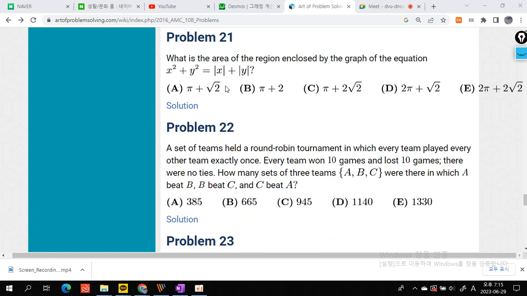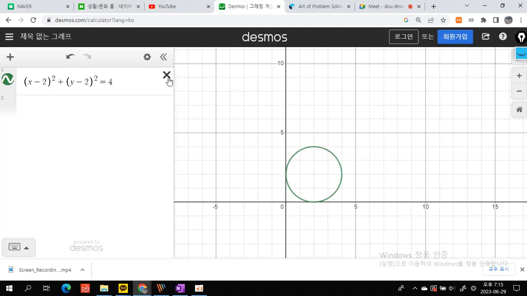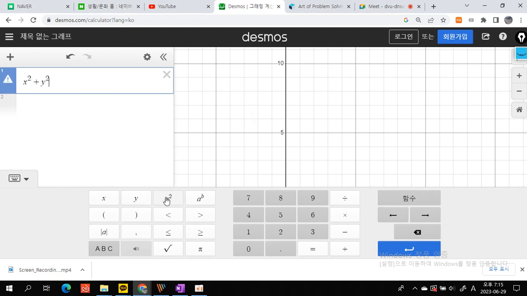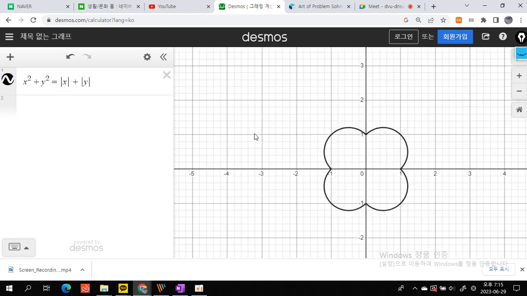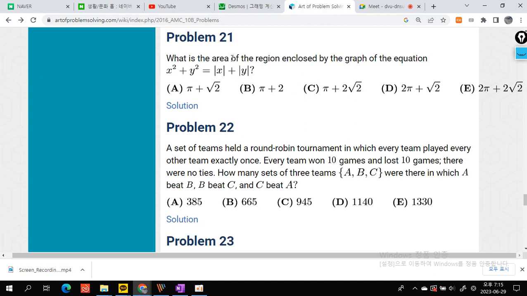Once again, let's use Desmos to find this graph. I mean, we need to solve this by hand, but I'll just use Desmos for better visualization. Yeah, so this type of graph, we want to find the area.